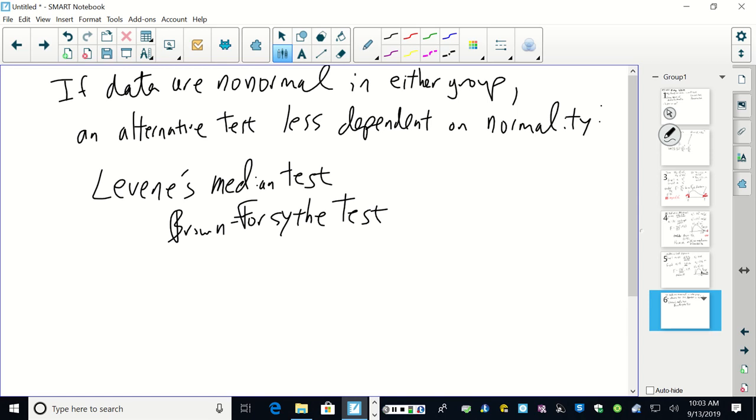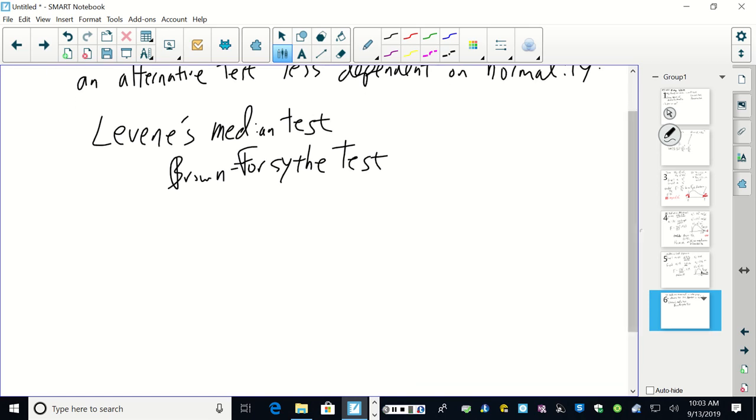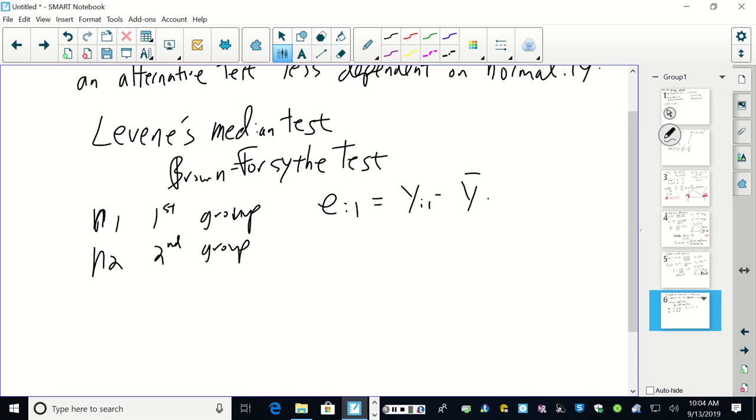And the way that this goes, if you have n1 in the first group and n2 in the second group, we're going to take the data and subtract the average in each group, so that these are like errors or residuals.